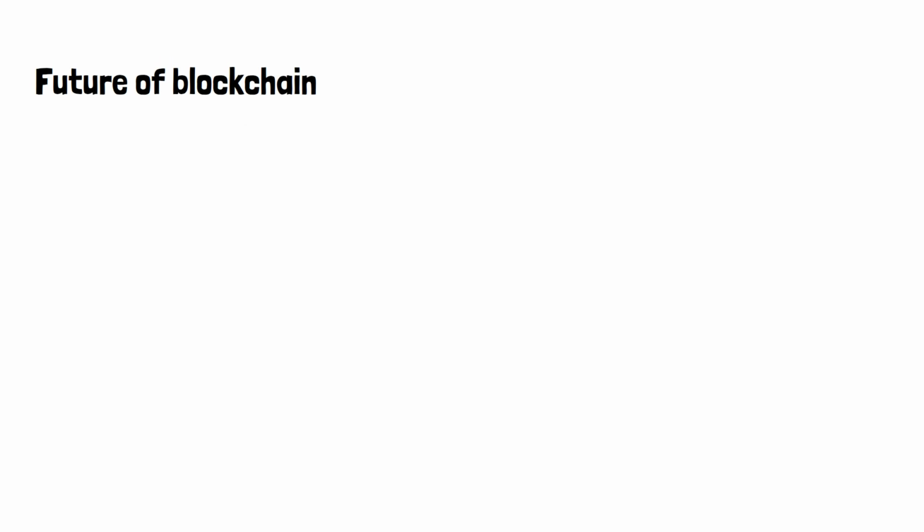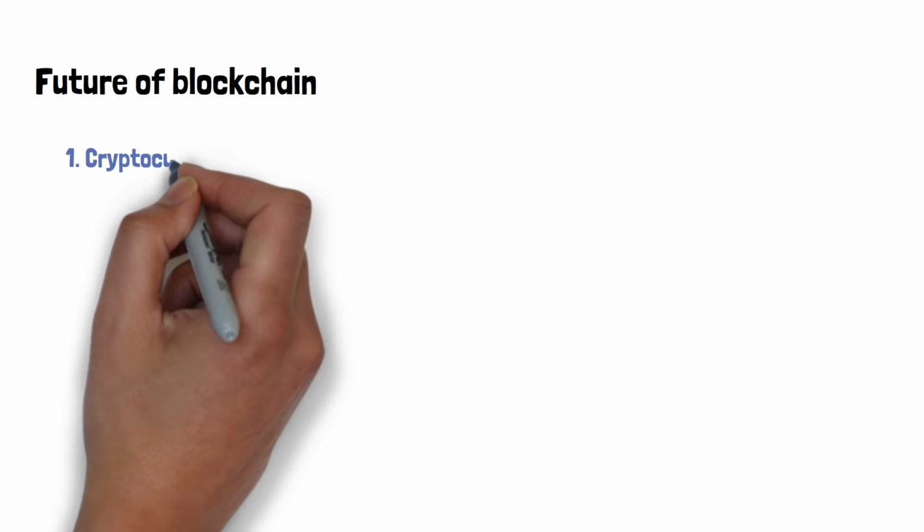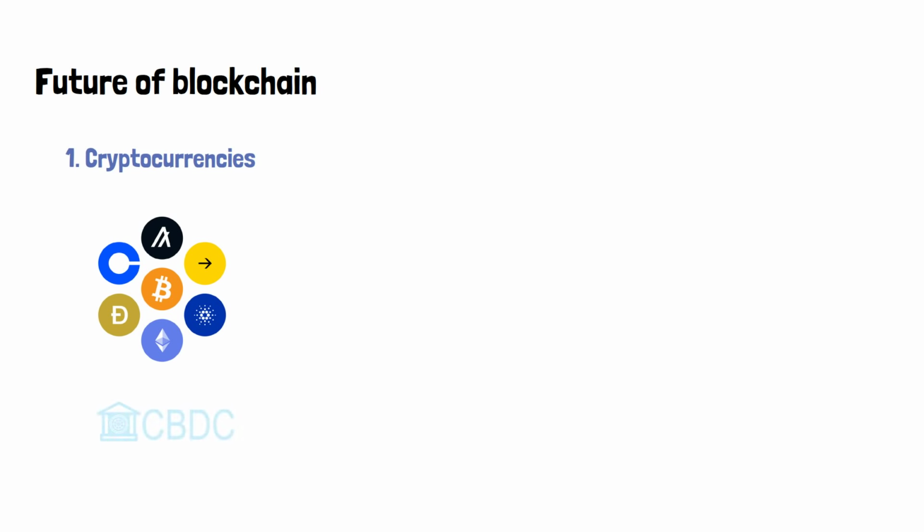Okay, let's conclude our short intro to the blockchain and talk about what to expect in the future of the blockchain technology and where it will potentially go in the next few years. First of all, Bitcoin and other cryptocurrencies, while being very volatile, continue to attract new users. Central banks around the world are trying to implement their own versions of government currencies called central bank digital currencies or CBDC and enable corresponding regulation in the cryptocurrency market.